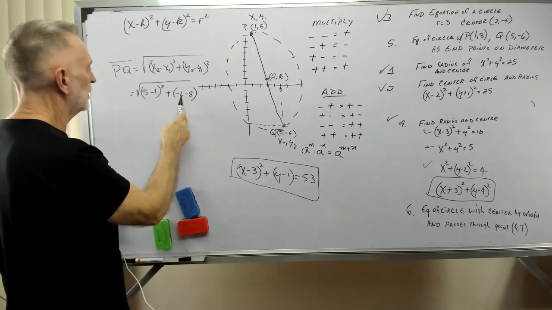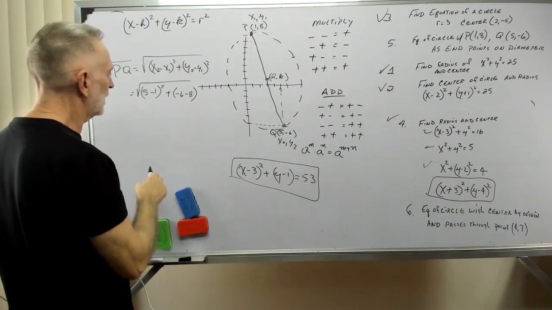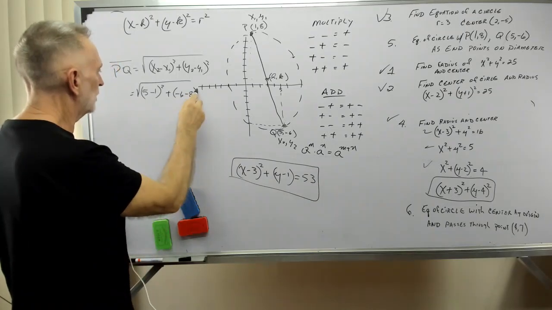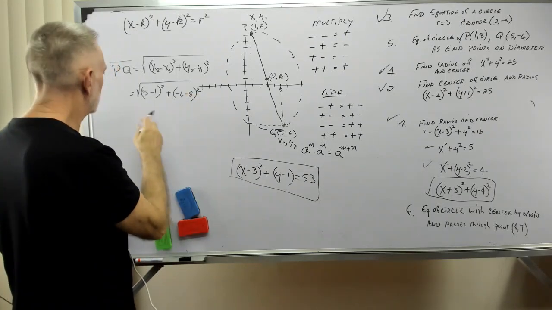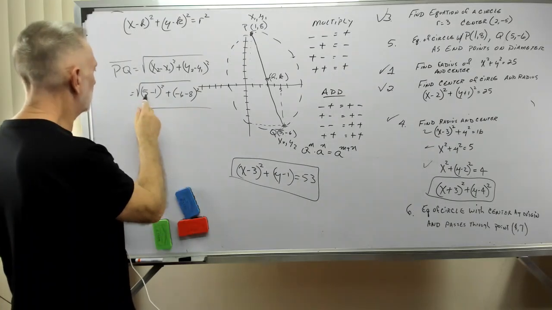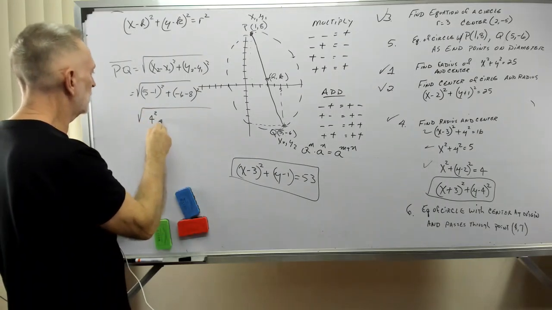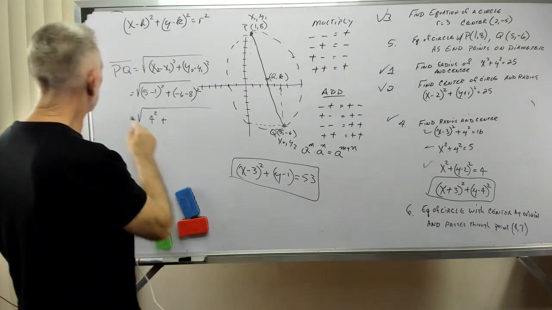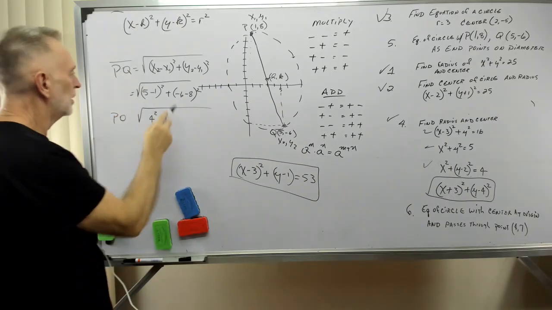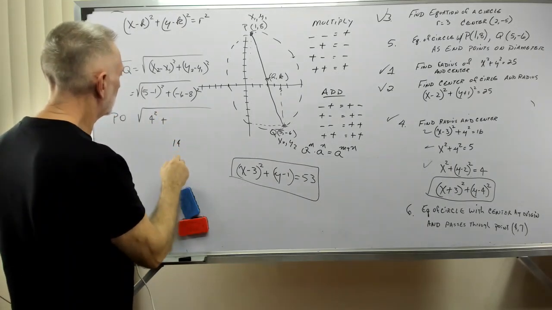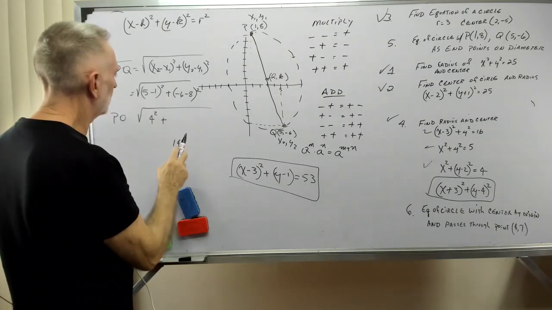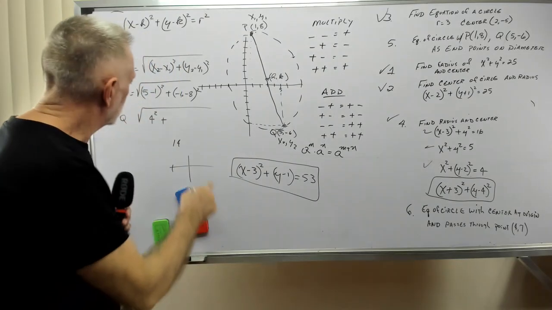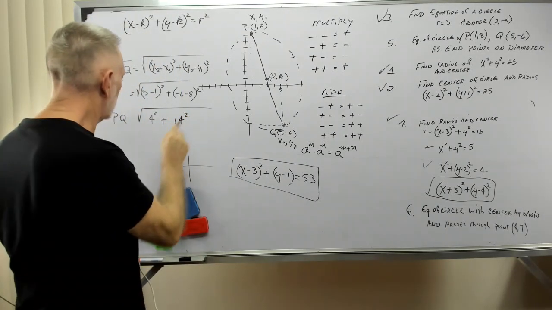So I've got a negative 6 minus 8, which is minus a positive, which is plus a negative, which is 14. That's squared too. So I've got the square root of 5 minus 1 is 4, 4 squared, plus 14 squared. Whoa, it's a big number. 14 squared is 196.